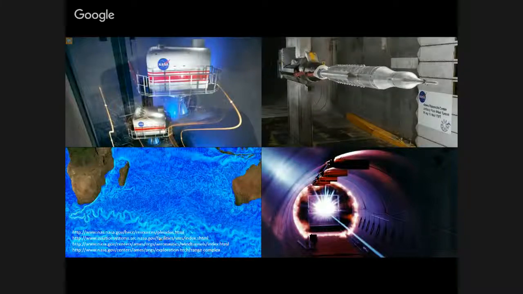a computing system that can do things like the simulation you see in the lower left, where 1 pixel on this screen equals a kilometer by kilometer patch of the ocean.